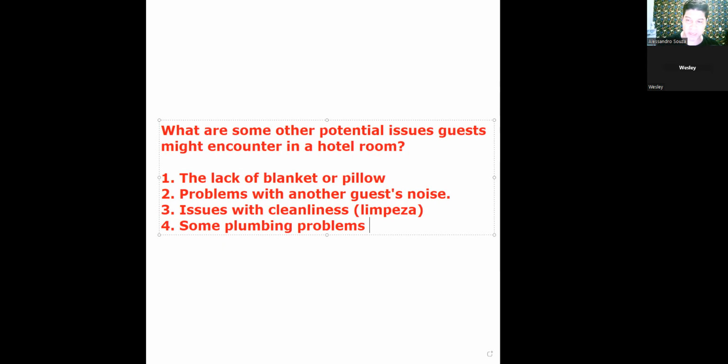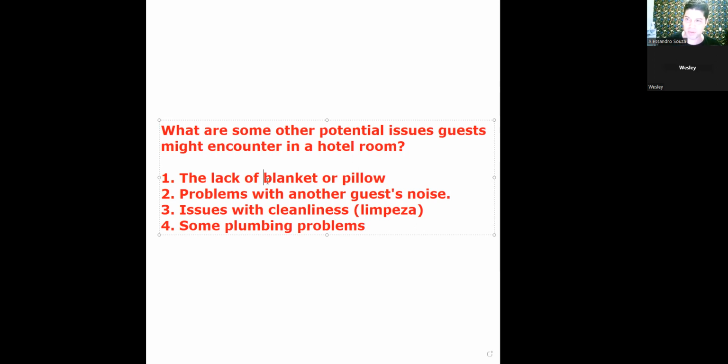Você não pronuncia o B, tá? Plumbing problems. Nossa, inglês mata. Tem o porquê disso, né? Por que aqui não pronuncia e problem você pronuncia? Plumbing problems. Talvez tenha uma pia pingando, alguma coisa assim.